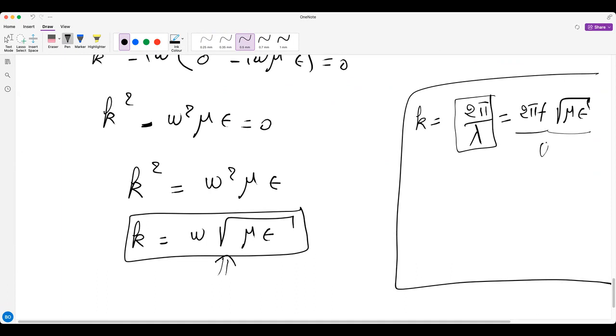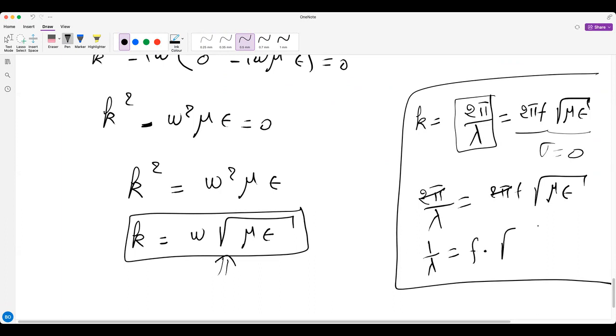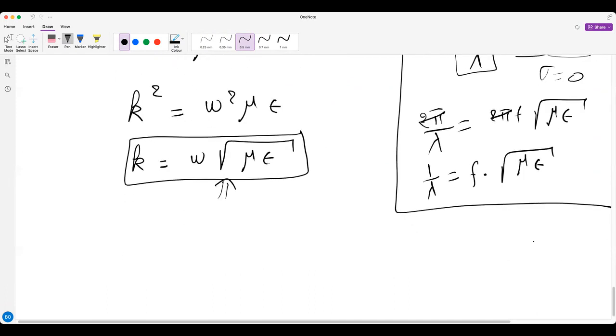This is only for the dielectric. Did you understand what I did? So 2 pi over lambda is equal to 2 pi f square root of mu epsilon. I get rid of the 2 pi on both sides. This means that 1 over lambda is equal to f square root of mu epsilon.